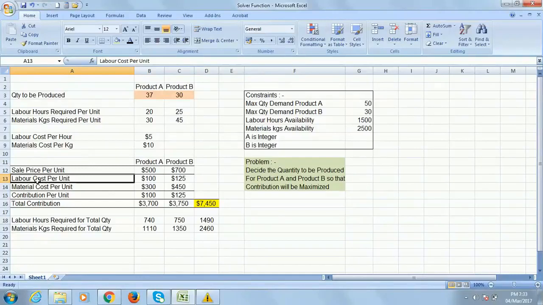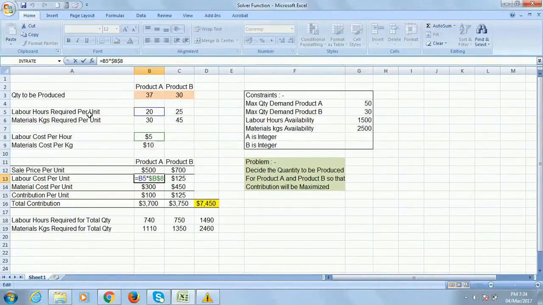Labor cost per unit for product A will be labor hours required into labor cost per hour. Similarly, labor cost per unit for product B will be labor cost per hour into labor hours required per unit.